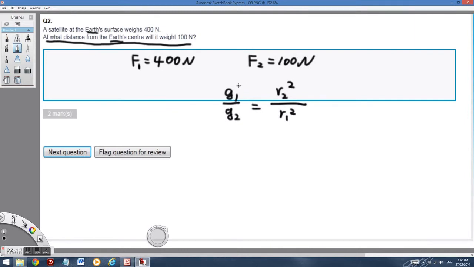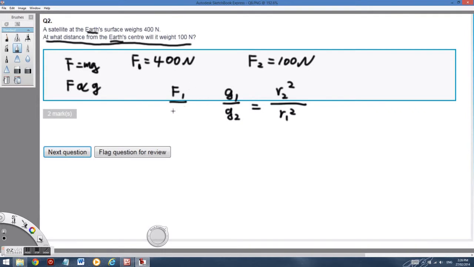Since the satellite's weight force changes, however, the mass never changes. Remember F equals m g. Force is directly proportional to gravity if the mass doesn't change, and in this case the mass doesn't change.